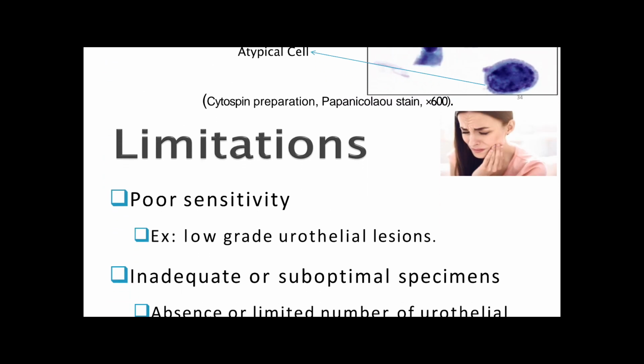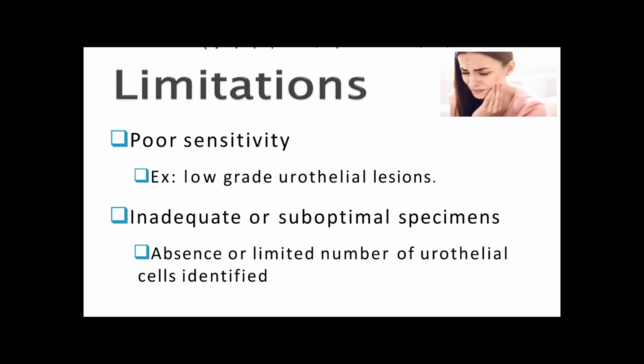When we consider the limitations, one is poor sensitivity. For lower grade urothelial lesions the sensitivity is lower because the cells are very low in number. Normally in a urine sample we can see cells in very low numbers, so in lower grade cases we cannot find the abnormal cells at such low concentration. The other is an inadequate or suboptimal specimen, where there is an absence or limited number of urothelial cells identified.